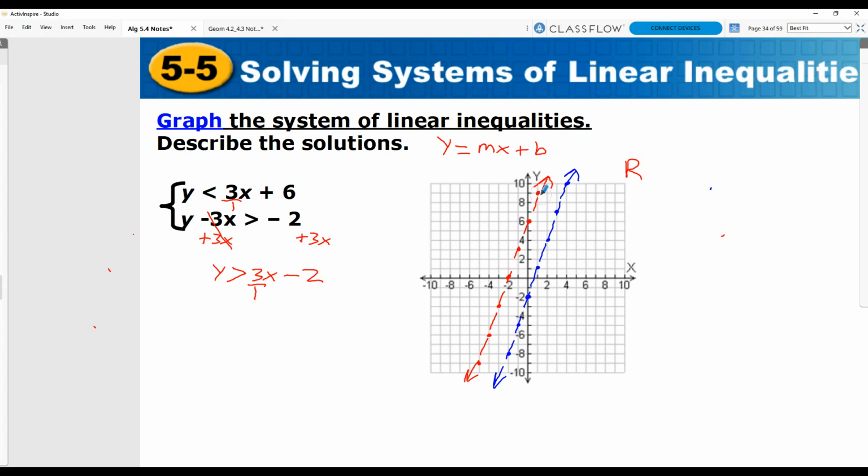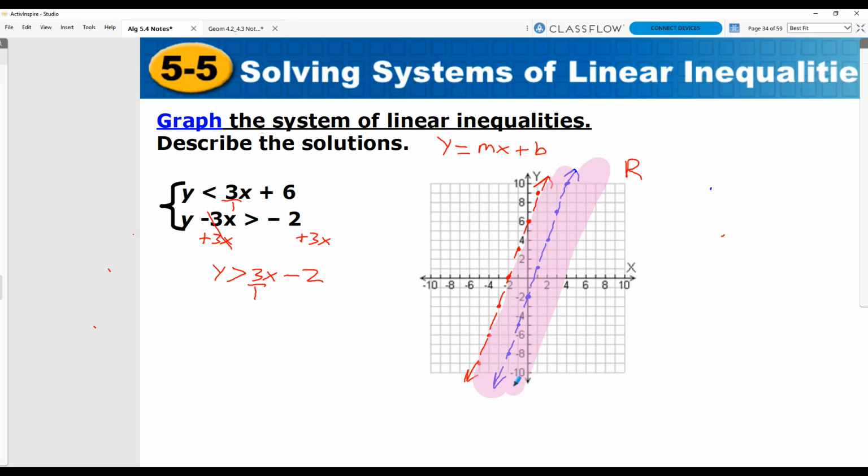So if I take a look at my red line, I want to show that y is getting smaller. It's below my y-intercept of 6, so I need to shade everything underneath of this line, because y is getting less than the line. Okay, so we'll do some shading here. We're going to shade everything underneath of that red broken line.